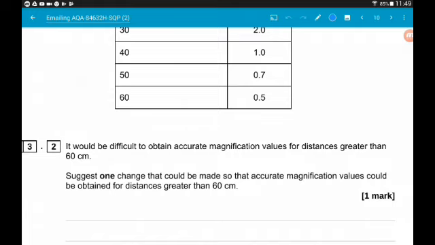We could maybe put a scale on the screen, but then that's going to start getting ridiculously small, so we'd probably have to read that with a magnifying glass. The one that I would go for is use a bigger object. That is going to be the easiest fix.